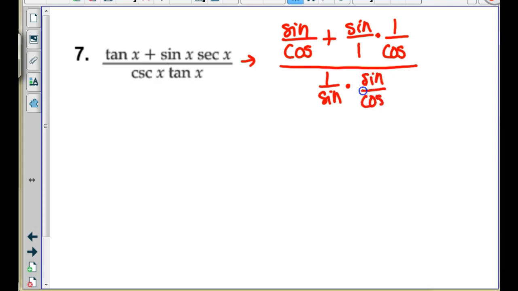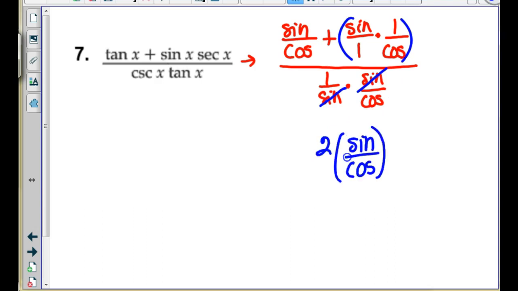oh, I think we might be in better luck, in a better position than we thought. Anybody see what happens? Down here, we end up with 1 over cosine, right? What happens here, though, when we multiply those two together? Sine over cosine, but it says plus another sine over cosine. What is a sine over cosine plus another sine over cosine? And on the bottom, we have divided by 1 over cosine.